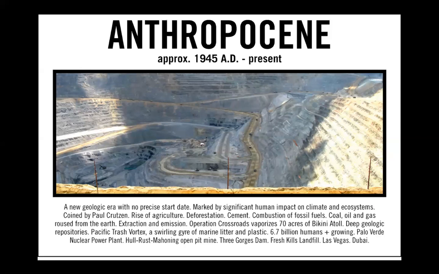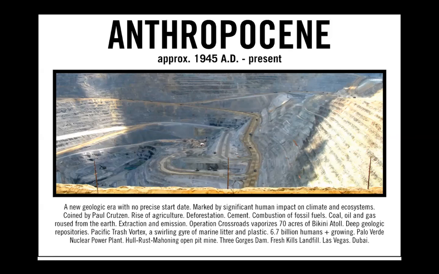But from a geological standpoint, we have entered a new phase called the Anthropocene, a defined era, which is basically, as it says, marked by significant human impact. And so it is left as a trace in the geological strata.